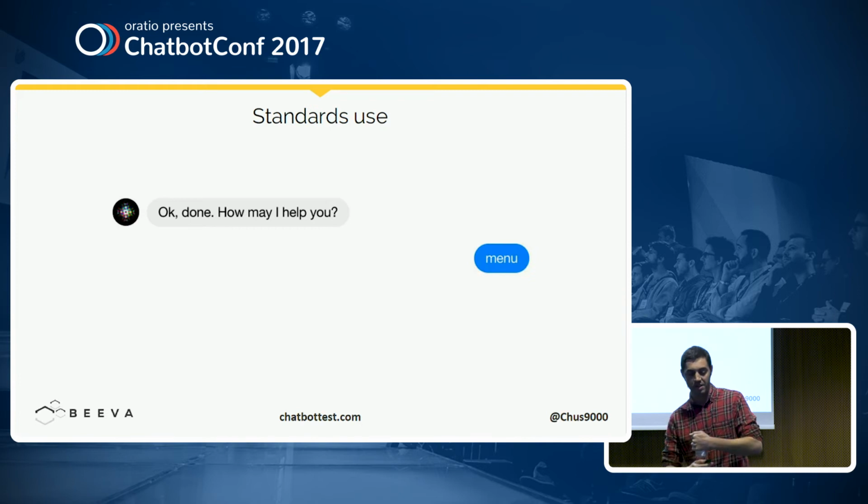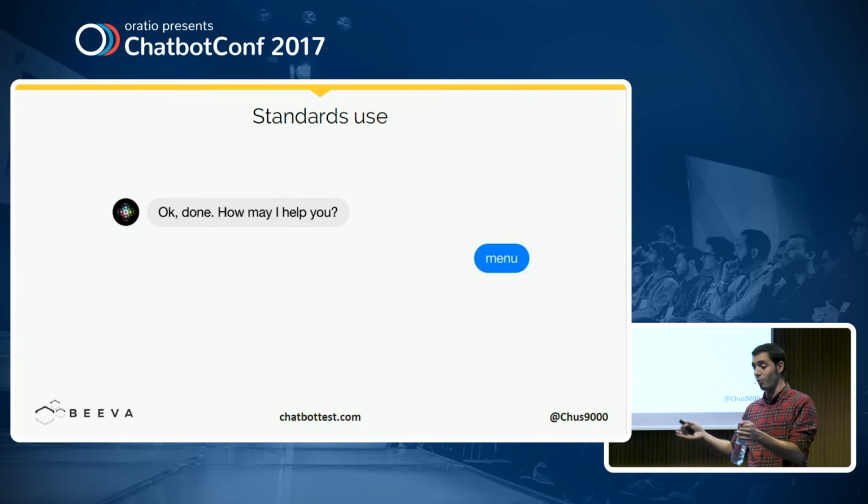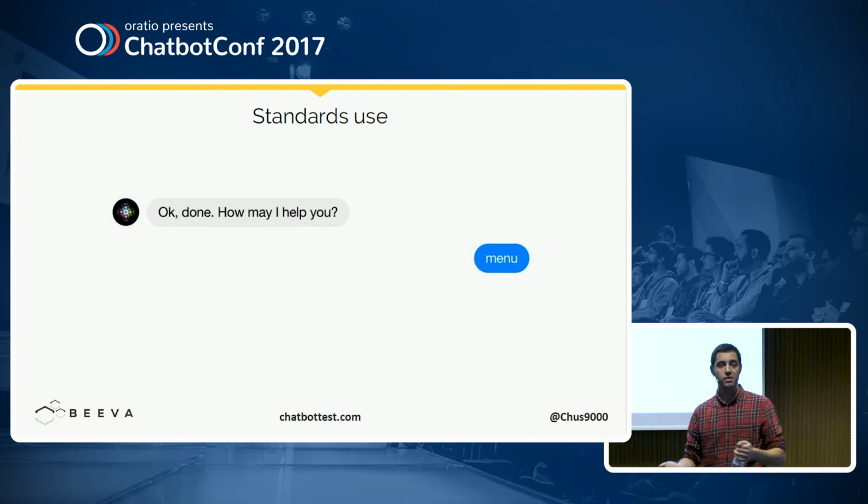About the usage of standards. It's getting really common to have some words that are instructions that everybody is starting to use, like menu, like help, like hello, like stop, things like those that probably come from the developer side, but users are starting to understand that they have a specific behavior.